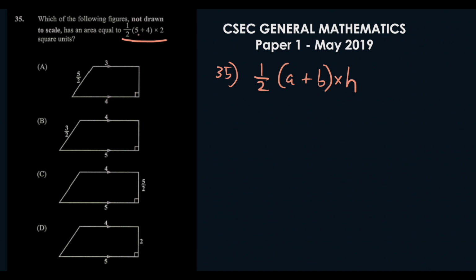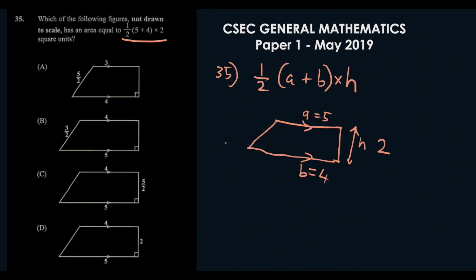So if we have 5 and 4, we're saying that potentially the parallel lines going across would be equal to a here and b here. So whatever this is here, we have a height as well, which represents h. So based on this formula, our height should be 2. We should have parallel lines of 5 and 4. Either way, it could be at the top or the bottom.